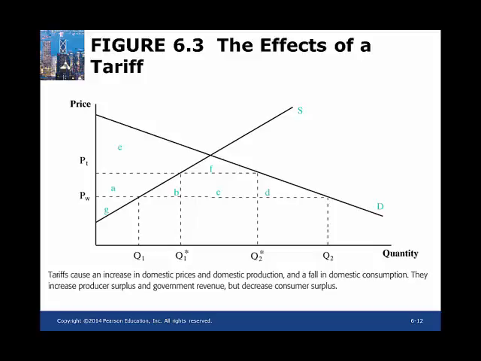And because of restricting imports, you can see deadweight loss shown by B and D.